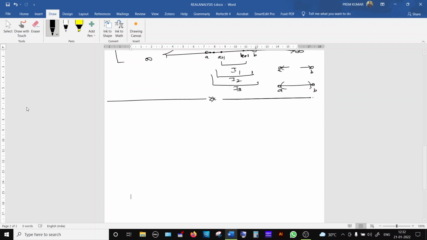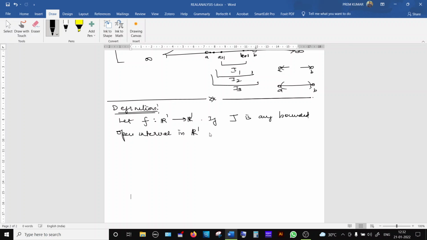Now another definition is there. Let f be a function from R1 to R1, and J any bounded open interval in R1.